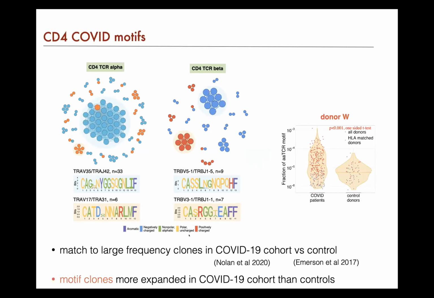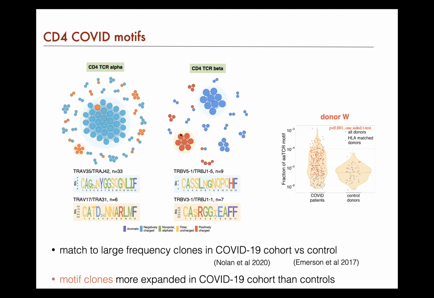So what we did instead, we went to another study. We went to a very large COVID cohort study that recently came out from Adaptive, and we compared that to a control study also from Adaptive, commonly called the Emerson dataset.